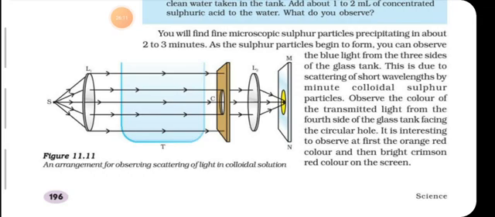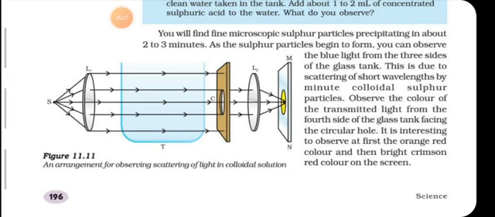Observe the color of the transmitted light from the fourth side of the glass tank facing the circular hole. So you can see that all the rays are concentrated at one point.